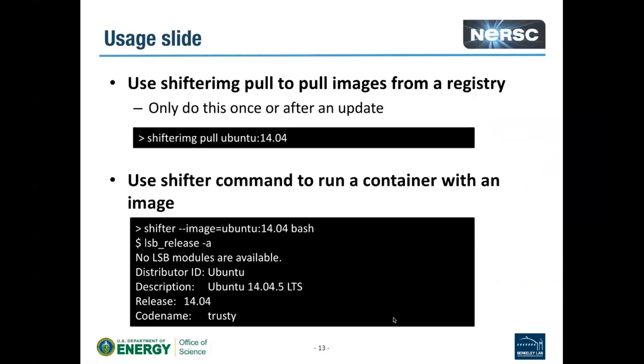Here we're doing Ubuntu, but this could easily be an image that has some scientific toolchain or application installed in it. Rather than me having to figure out how to build it from scratch on the system, I can just pull that down and start using it. Or if I'm part of a larger collaboration, one person can build that image, push it to our repository, and everybody else can start making use of it.